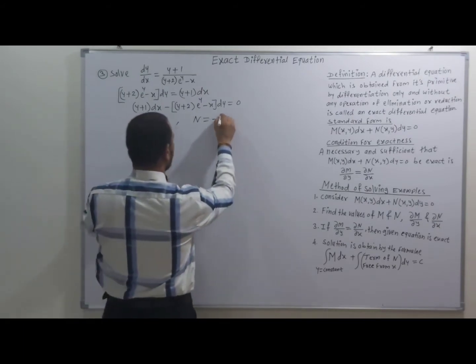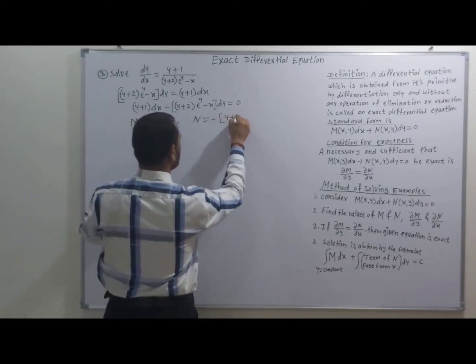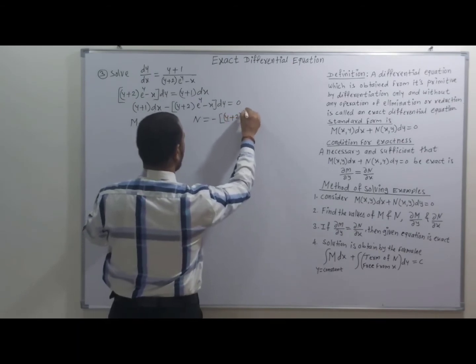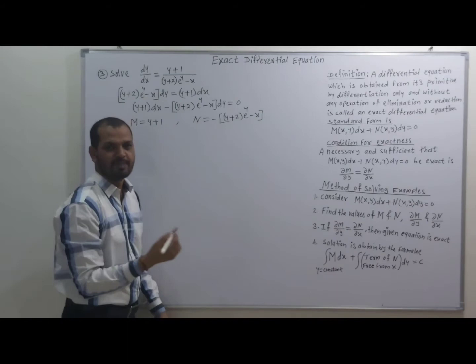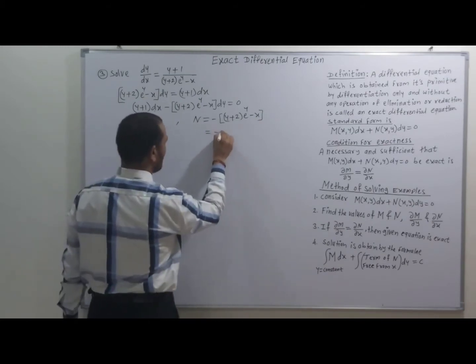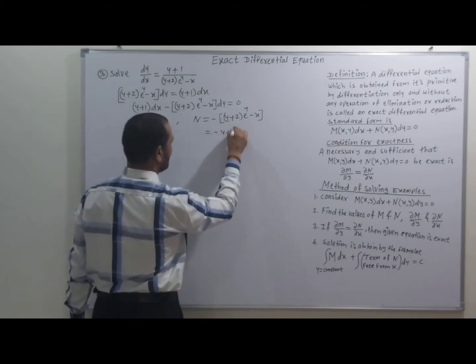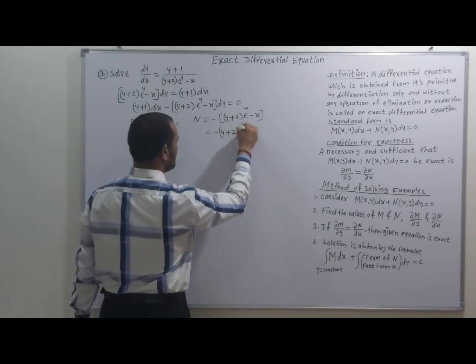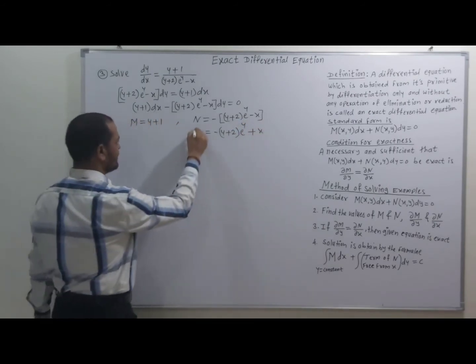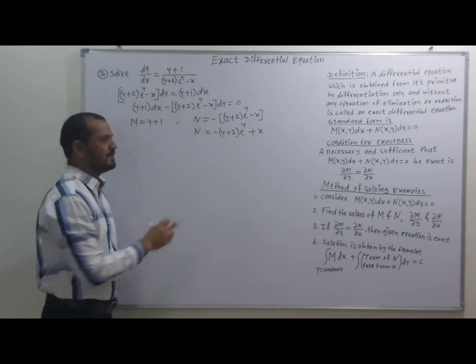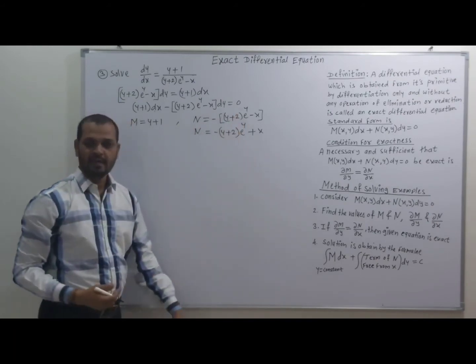Then in the bracket we get (y + 2)e^y - x. For simplicity we can write this as -(y + 2)e^y, then this minus becomes plus x. So this is the value of N. We just multiply this minus sign into the inner side.